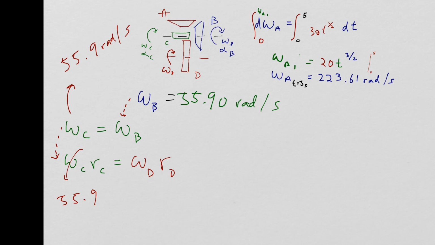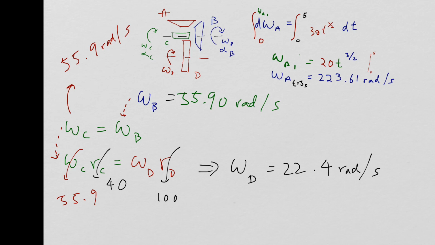And RC, from the question, we know that it is 40. And RD, it is 100. That means omega D will be 22.4 radians per second. And we solve it.